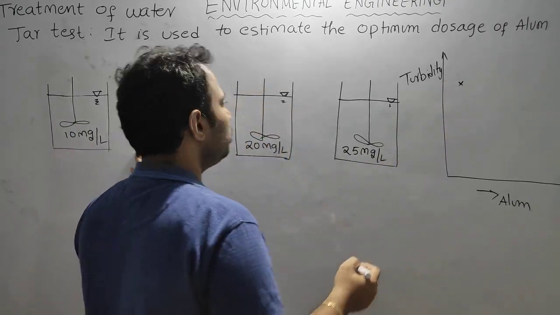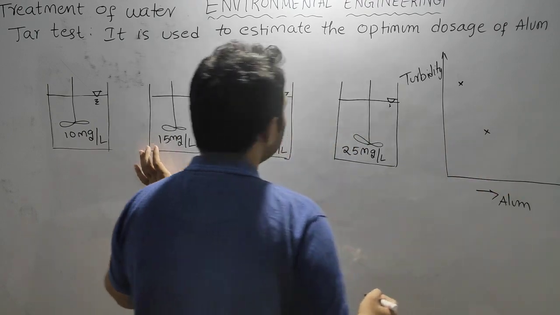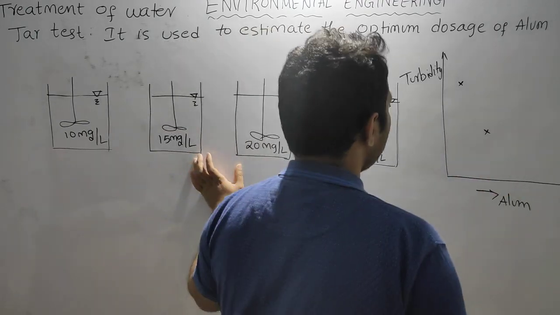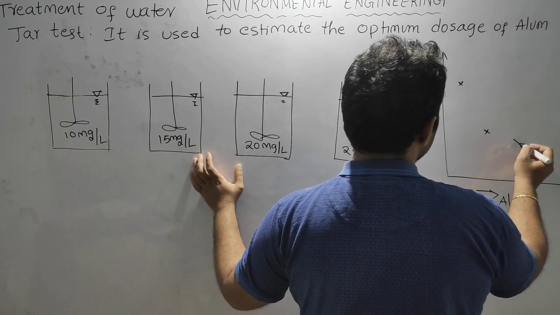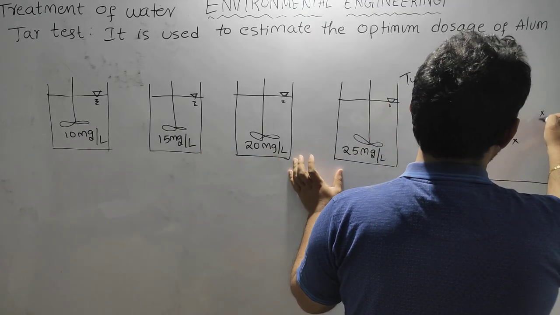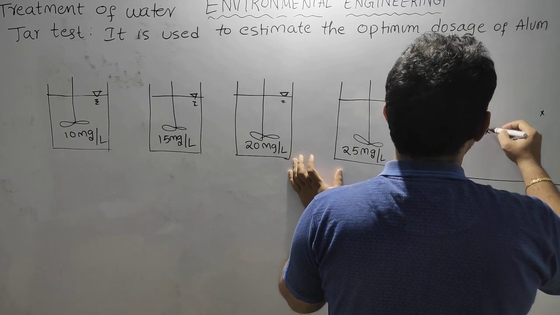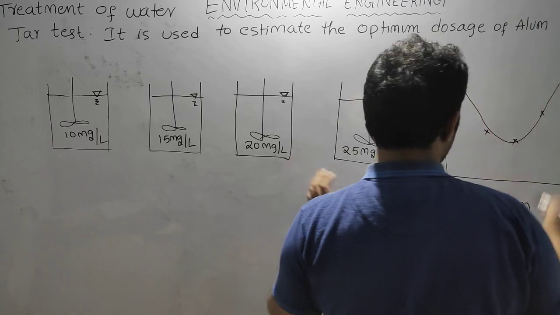When you increase the dose, turbidity reduces. Further, if you increase the dose, turbidity reduces further. Further, if you increase the dose, turbidity increases again. So this is the chart of alum doses versus turbidity.